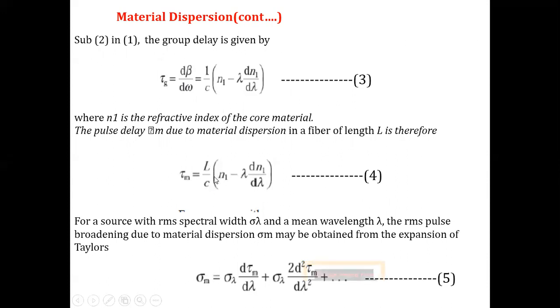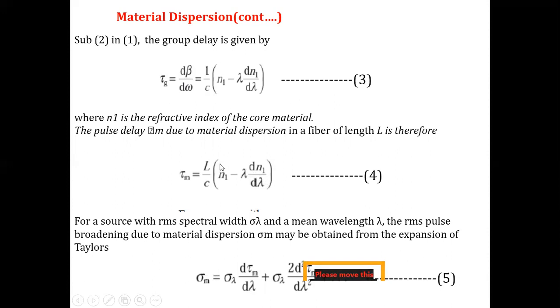So we will get dn1 divided by d lambda minus lambda, and we differentiate this using the UV method. So we will get lambda into d square n1 divided by d lambda square minus dn1 divided by d lambda, where the derivative of lambda will be equal to 1.